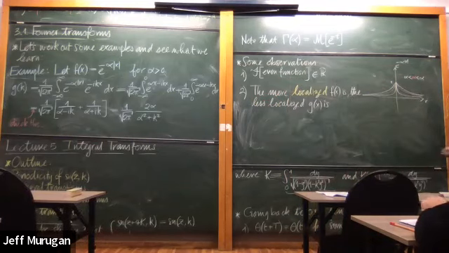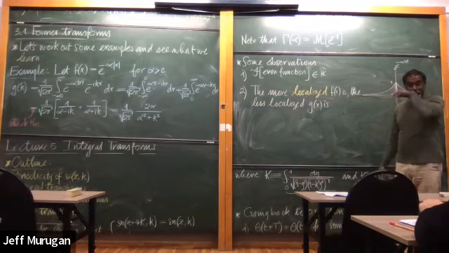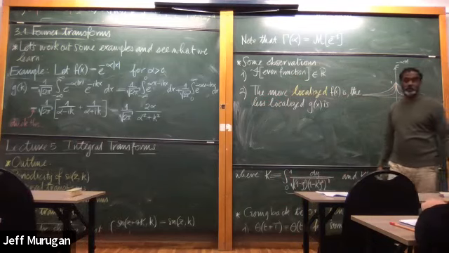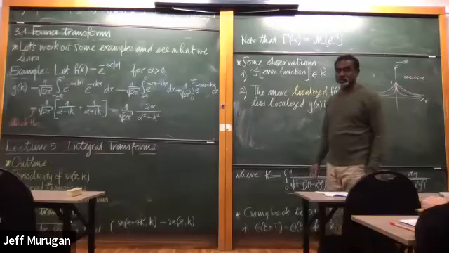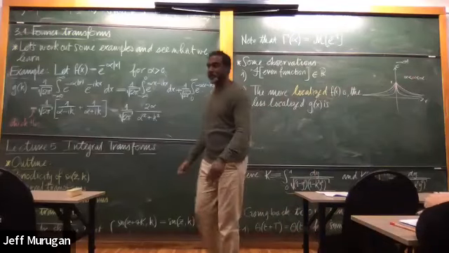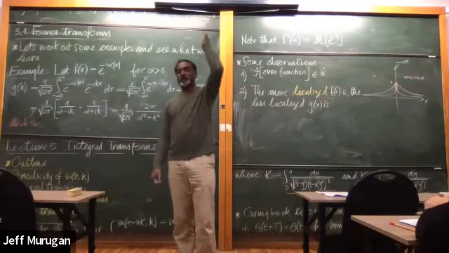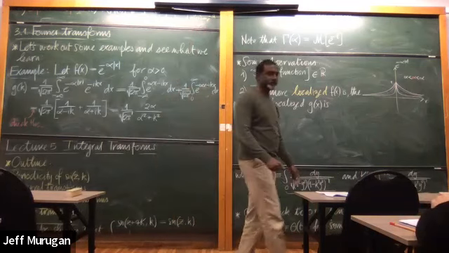The logical extreme of this statement is what happens when I take the Fourier transform of the Dirac delta function, which is the most localized function you can get: 0 everywhere, and infinity at the point where it has support.